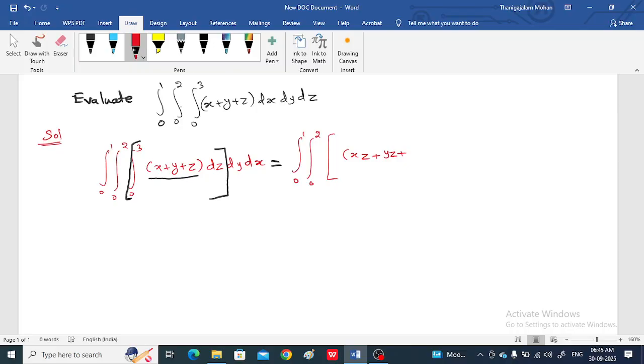Since z is a function of z, use the formula integral of z dz equals z square by 2. So I will write z square divided by 2 with the limit 0 to 3. Here 0 is the lower limit and 3 is the upper limit.